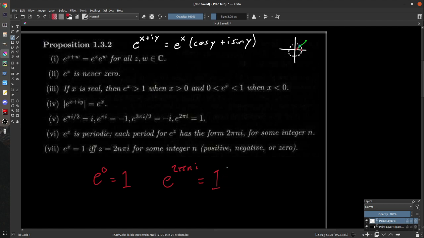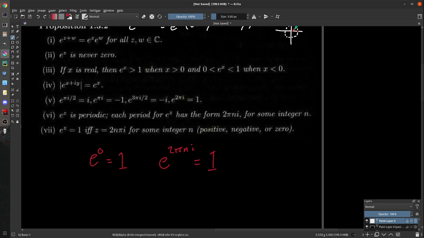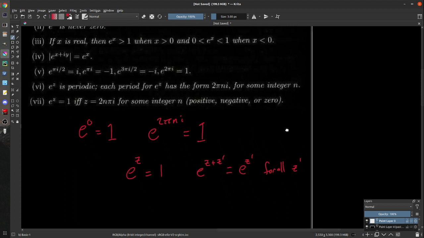That's fair. Now, using the periodic nature, which we've already talked about, think about this. If e to the z is 1, then e to the z plus z prime has to be equal to e to the z prime for all z prime. Do you agree with that?